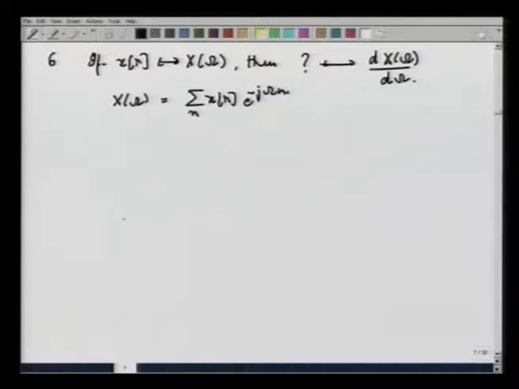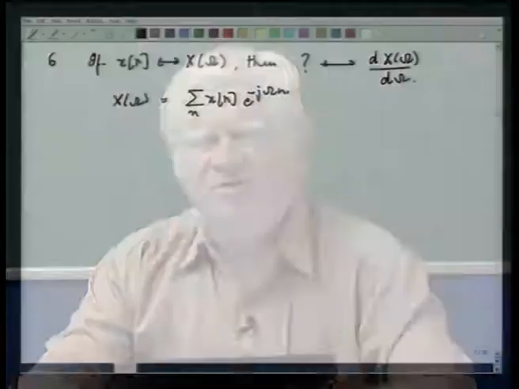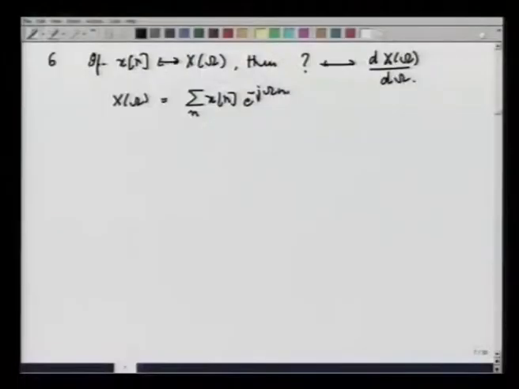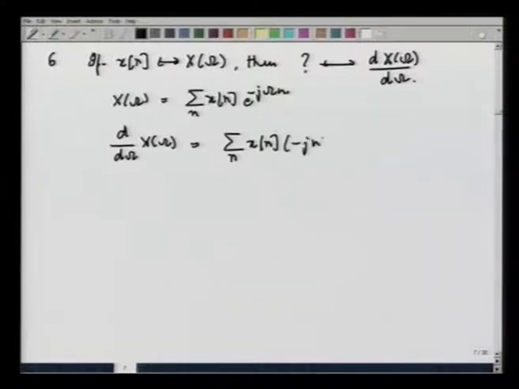Now, if we differentiate both sides with respect to omega, the only quantity that awaits differentiation on the right side, inside the summation, is e to the minus j omega n. So, this gives us d by d omega of X(omega) equals the summation over all n of x[n] times minus j n e to the minus j omega n.